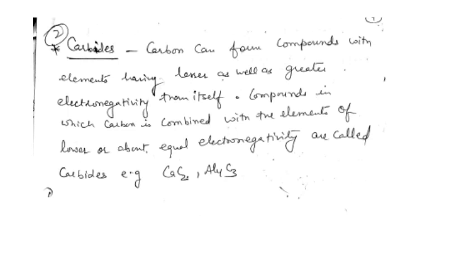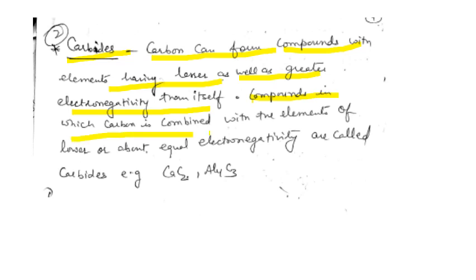The next compound of carbon we talk about is carbides. Carbon can form compounds with elements having lesser as well as greater electronegativity than itself. The compounds in which carbon is combined with elements of lower or about equal electronegativity are called carbides.